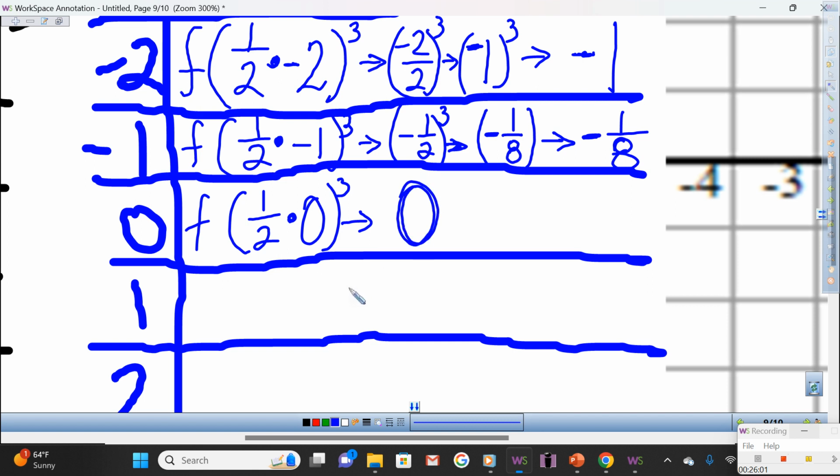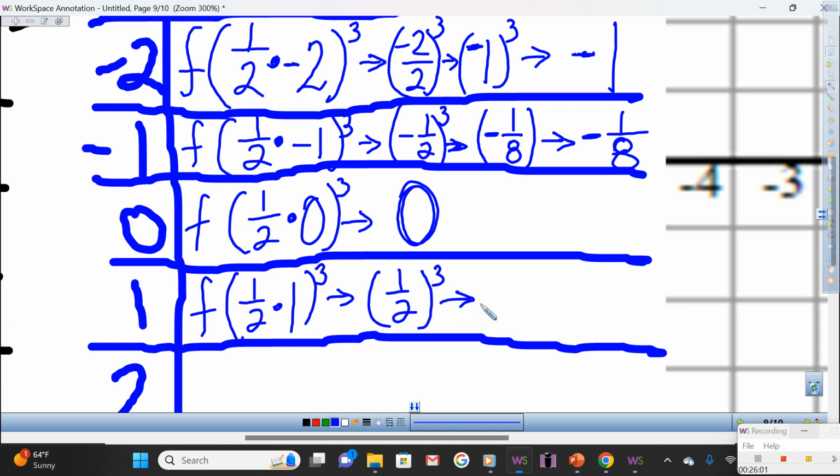Okay. Next one. Help me out with the next one. Vianney, tell me what to write. Which is 1/2 cubed, which is 1 cubed is 1. 2 cubed is 8.